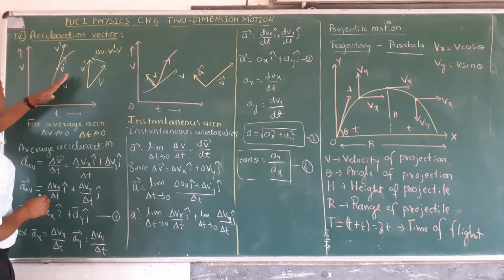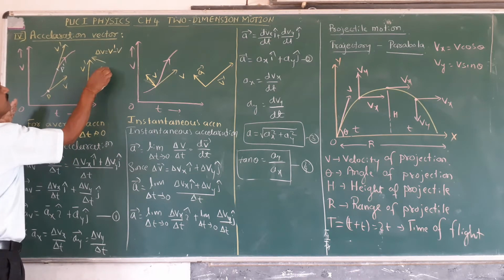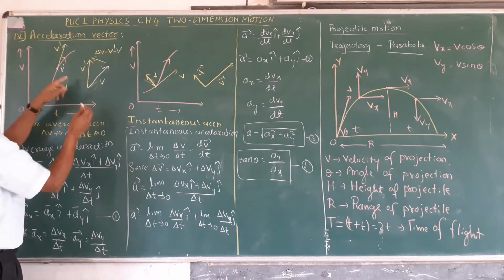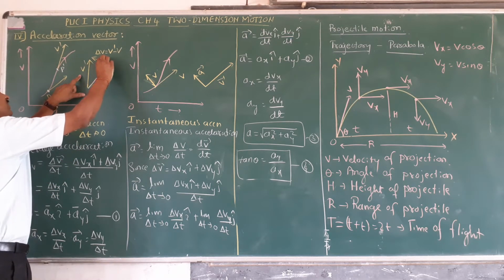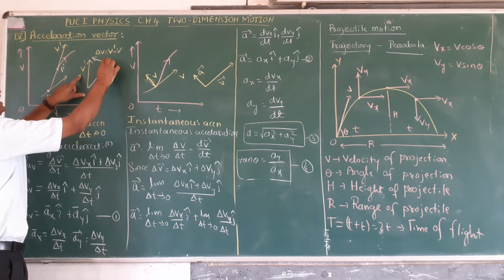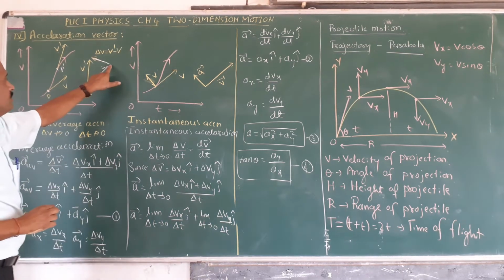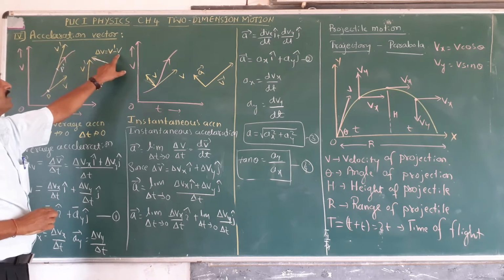Now you draw a parallel to this one, this is B, and a parallel to this one, this is B dash. Now you join this one. This is B dash minus B, which indicates the change in the velocity. You join this head to this head, and it gives the change in the velocity.